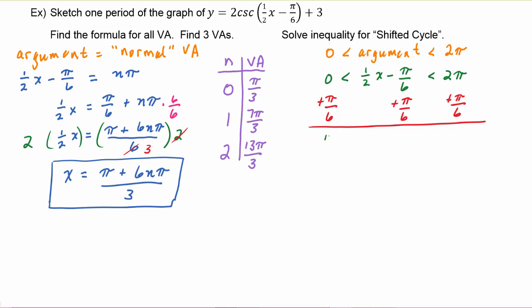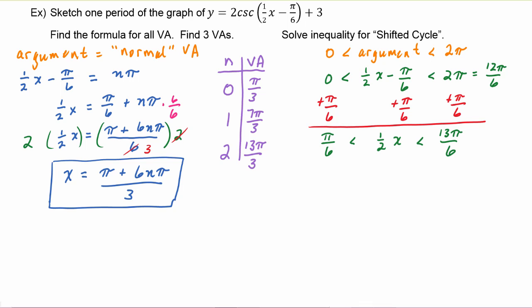And it becomes pi over 6 is less than 1/2 x is less than, well, the 2 pi, we need to write the 2 pi as 12 pi over 6 so that we get a common denominator. And 12 pi over 6 plus pi over 6 will be 13 pi over 6.